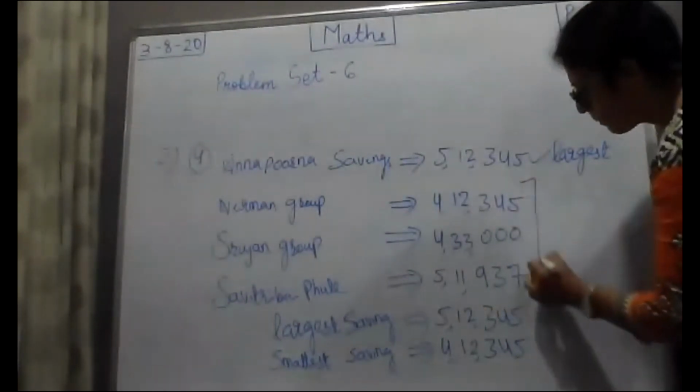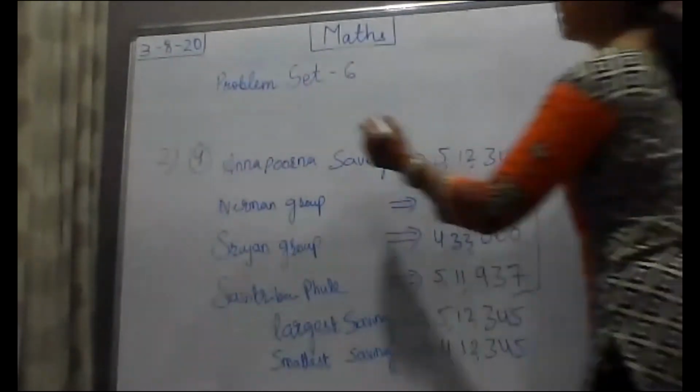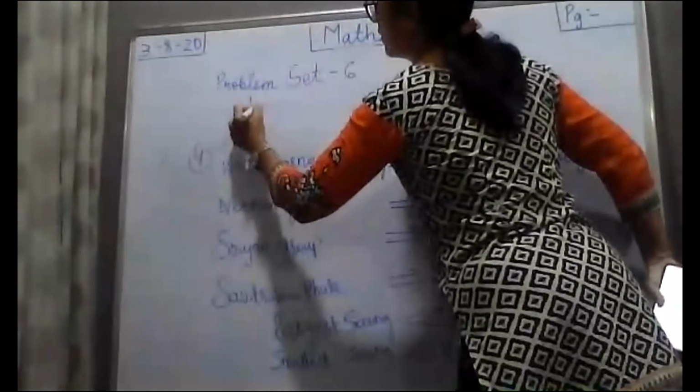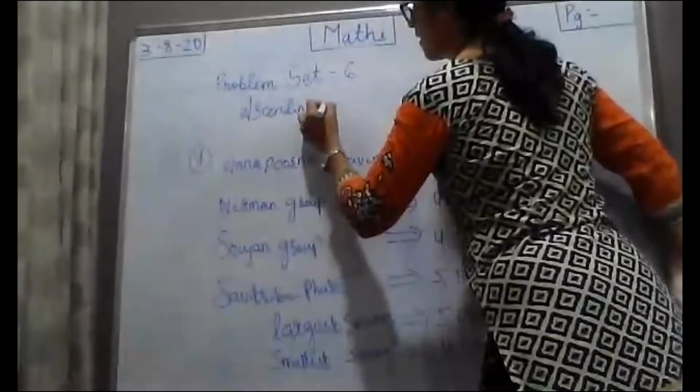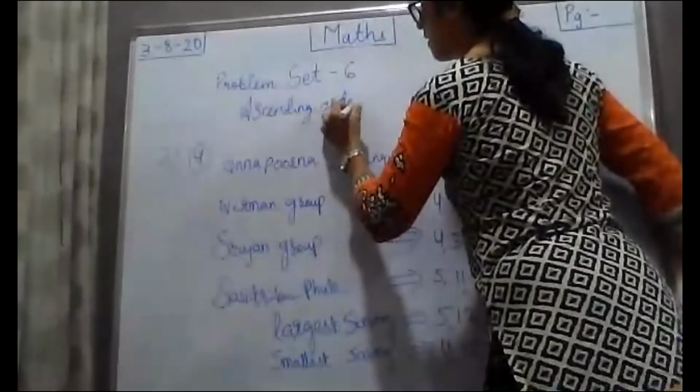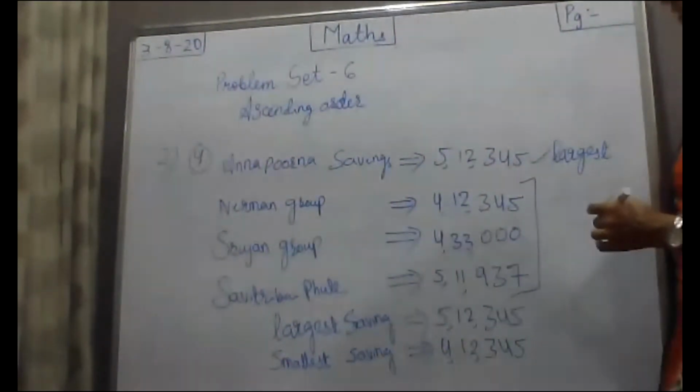In these four numbers, you have to see which is the smaller number. Ascending order, then we will start. Which number is smaller?